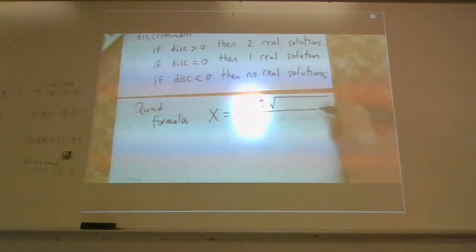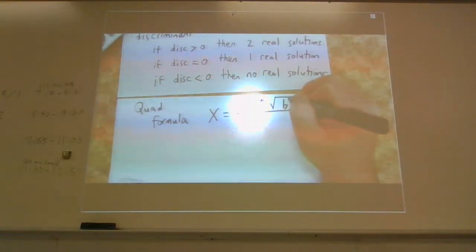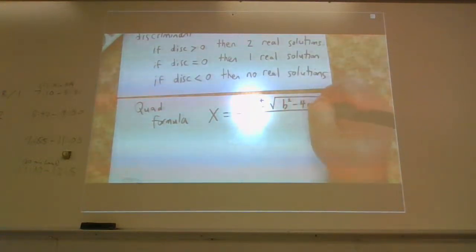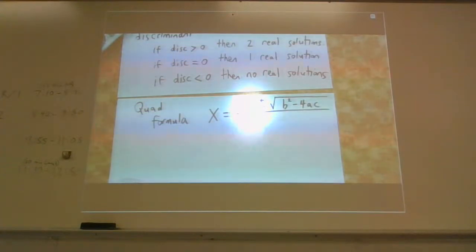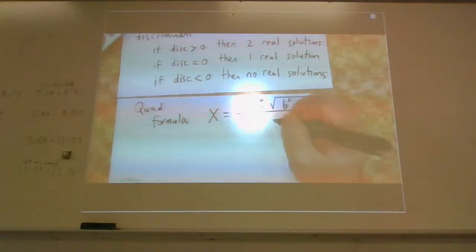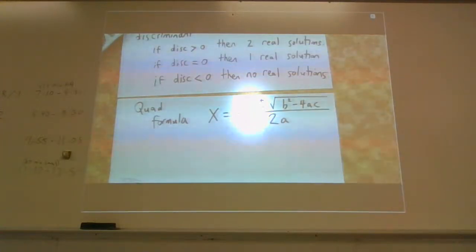Then there's a big old square root. Inside of that square root is something that should look very familiar. B squared minus 4AC, your discriminant. And the entire thing is over 2A.